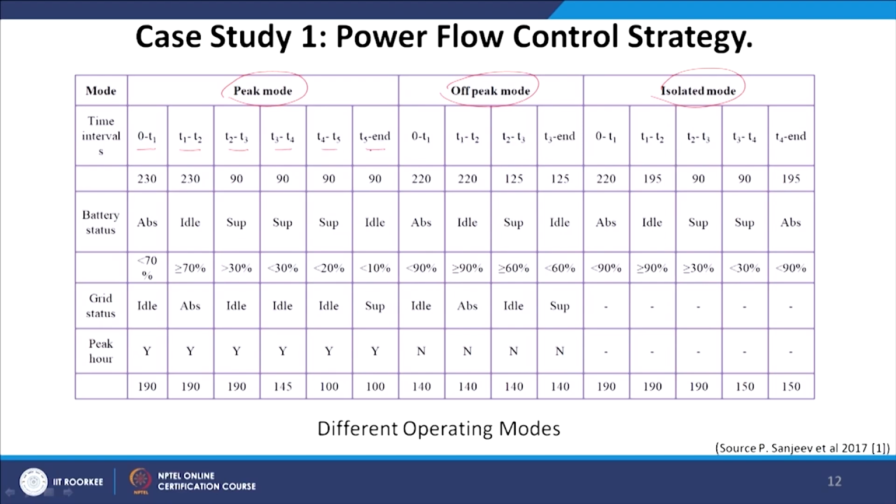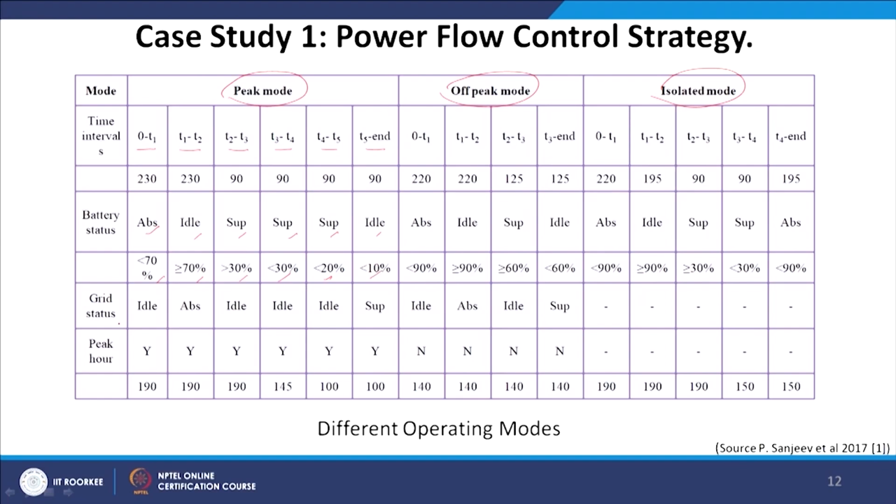We have the battery status, whether it is absent or idle, the supercapacitor operation, and the SOC status, whether it is 70%, greater than 30%, less than 30%, less than 20%, less than 10%, etc.